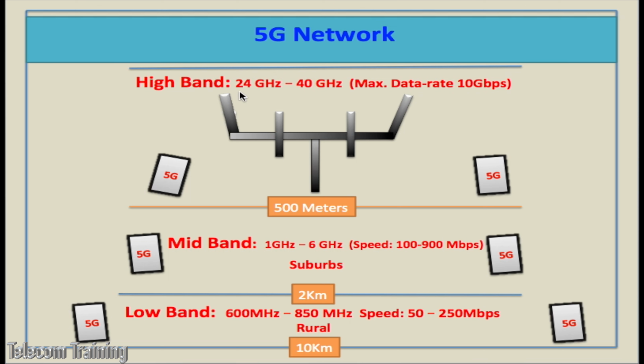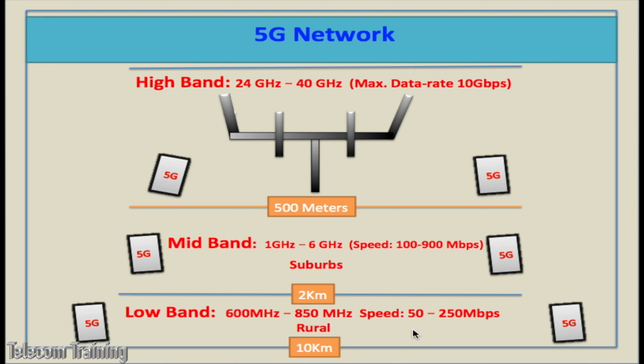As we look back up here, the 24 to 40 gigahertz did not travel very far, just 500 meters. The 1 gigahertz to 6 gigahertz went 2 kilometers. And now the low frequency between 600 megahertz and 850 megahertz can go 10 kilometers. But the lower the frequency, the lower the speed as well. So all we get here is between 50 and 250 megabits per second.